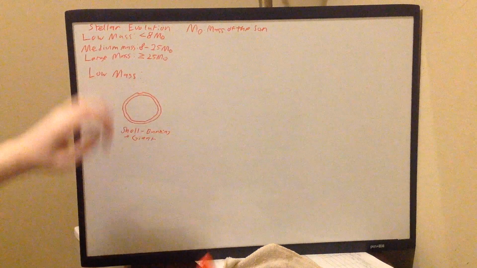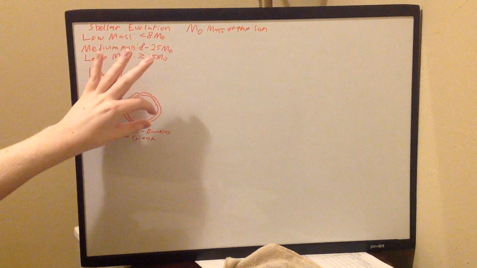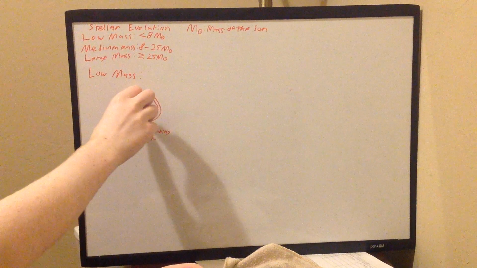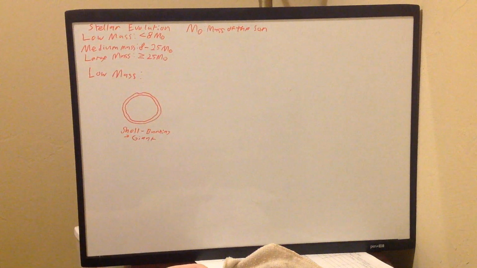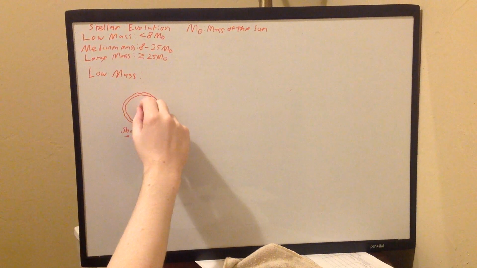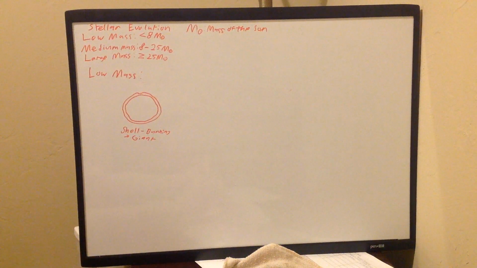So here's the core. Now you can imagine that as this shell on the outside is burning hydrogen, it's making a bunch of energy, and it's going to heat up this part on the inside, right? And so as it's doing this, eventually you're going to get a part in the middle where it gets hot and pressurized enough to start burning helium instead of hydrogen, right?